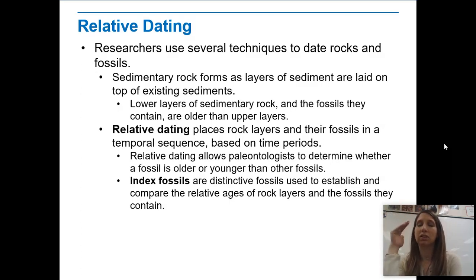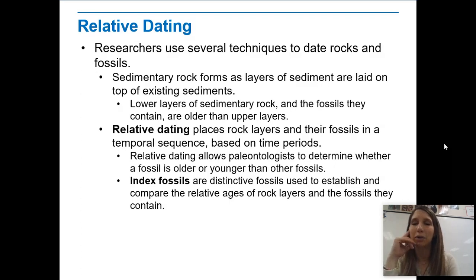The ones that existed a long, long time ago are going to be further down, underneath that sediment. So the lower the layer, the older the fossil in that position. The higher up the fossil, the younger the rock, the more recently that living thing was found here on the earth.